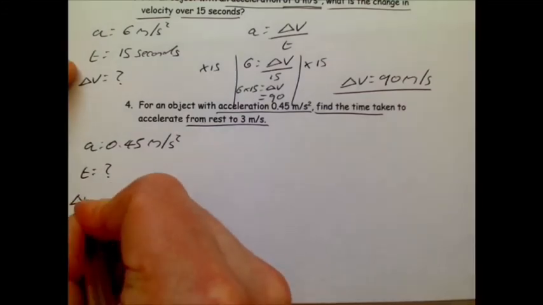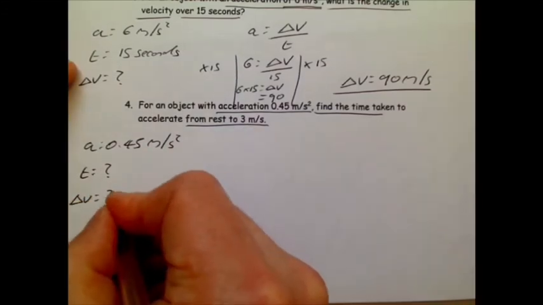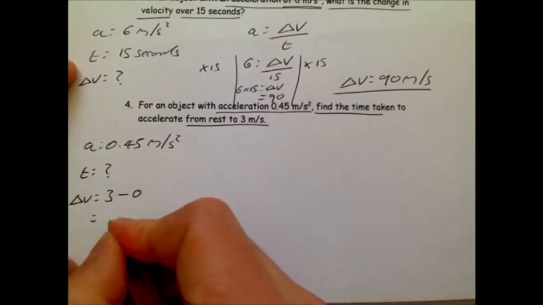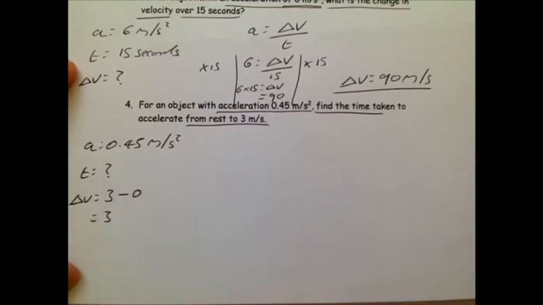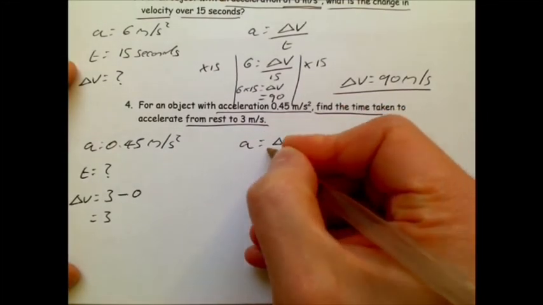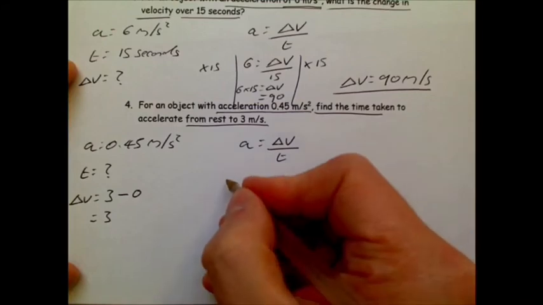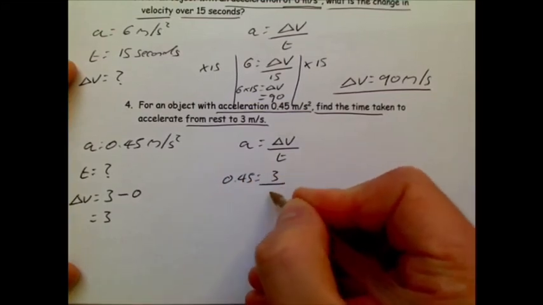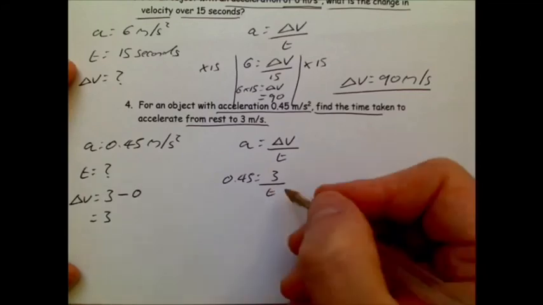So the change in velocity is going to be 3, which is the final velocity, take away 0, the initial, which is therefore 3. A equals delta V over T. Substitute my values in: 0.45 equals 3 divided by T. I need to find T.